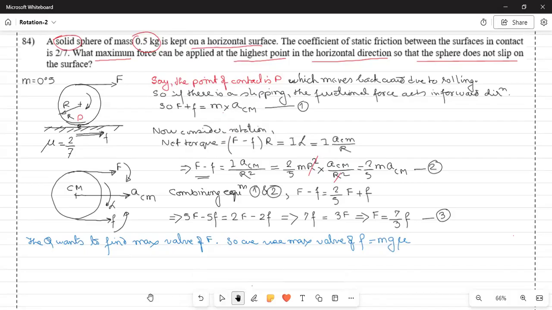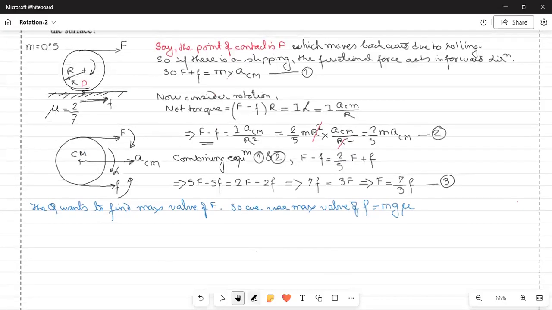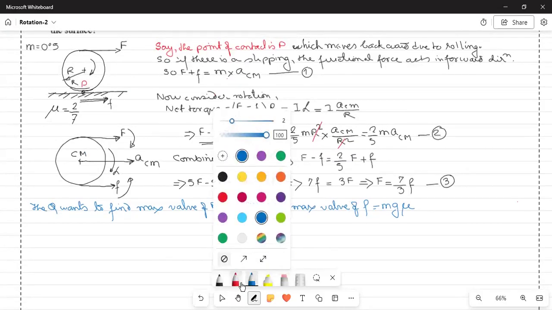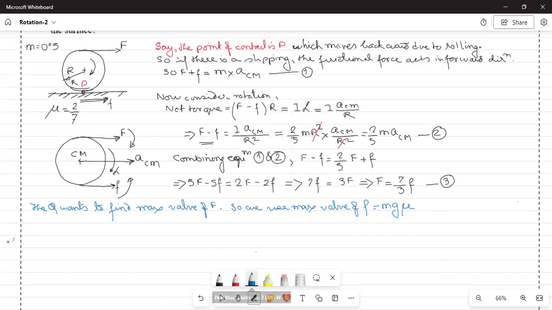So the relation now becomes, from relation 3, capital F max equal to 7 by 3 small f max, which is equal to 7 by 3 mg mu.